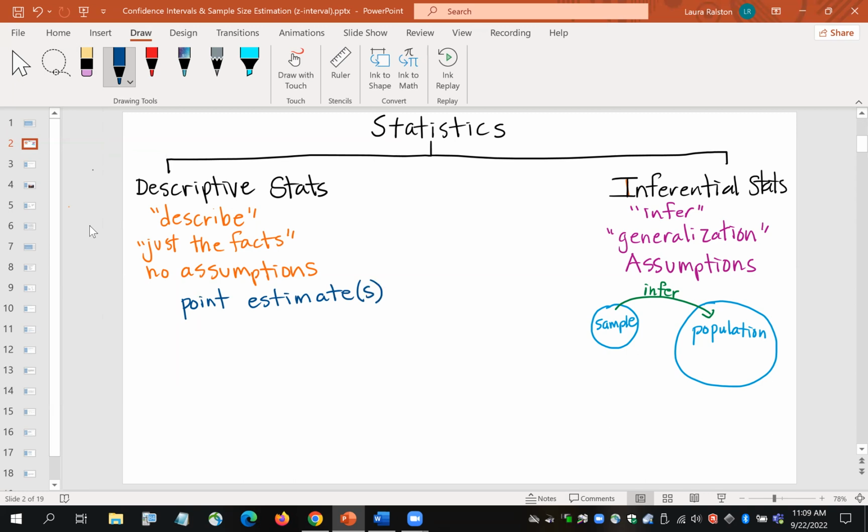Okay, so far we are using a single value to indicate the mean or the median, the range, the standard deviation.